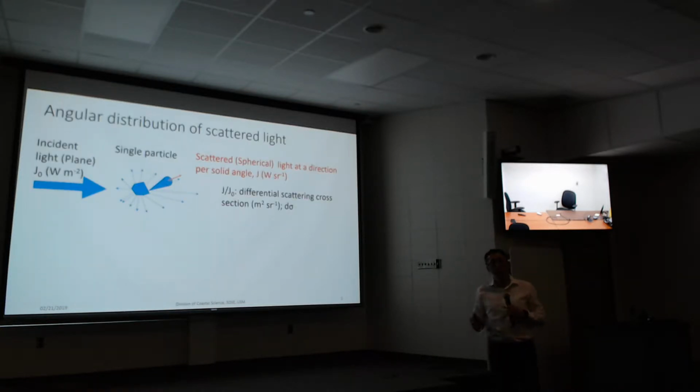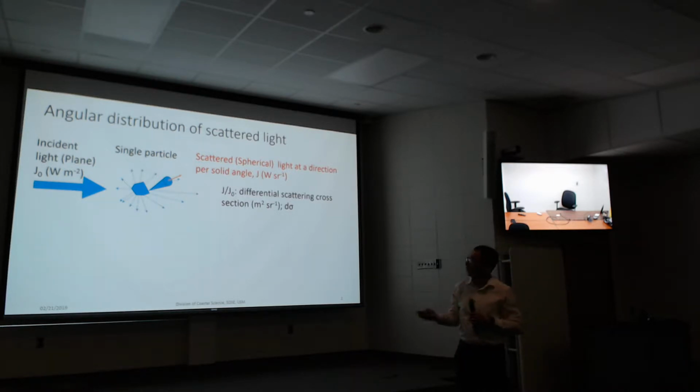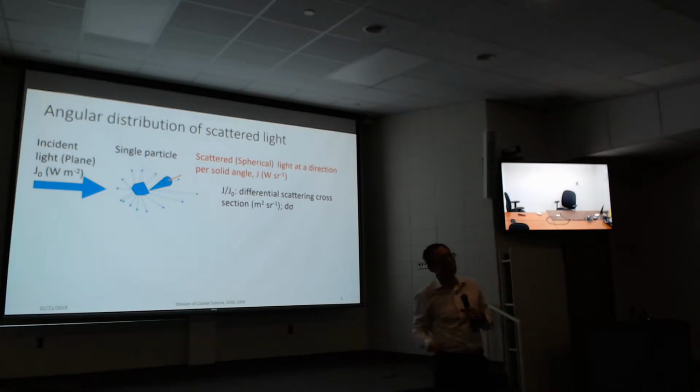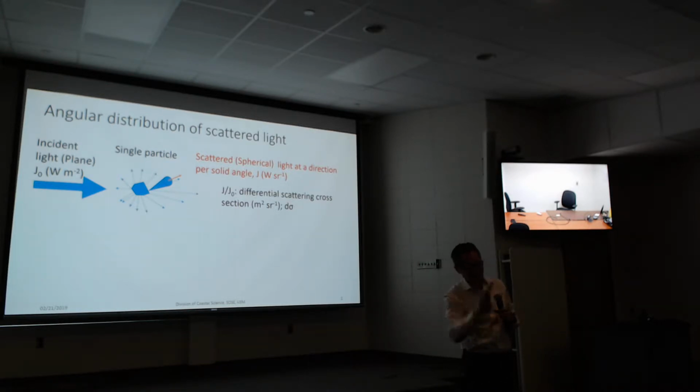Let's see if we have light coming in, and it hits a particle. The energy of the light is scattered in all directions. So let's measure the light in one direction. How much light is scattered by this one particle in that particular direction?